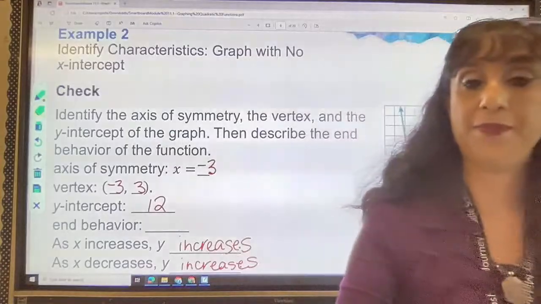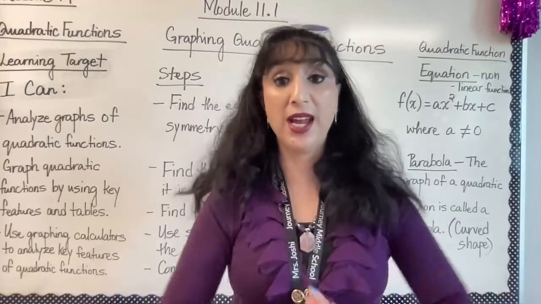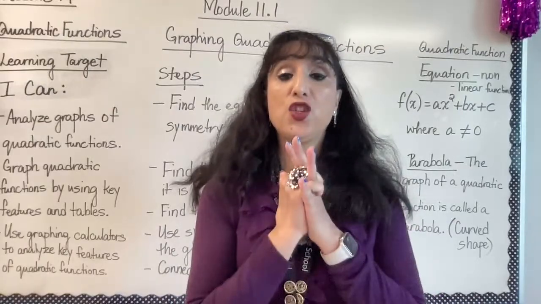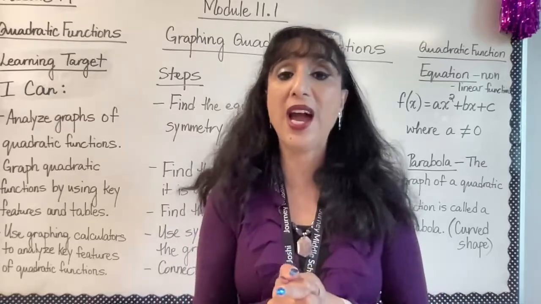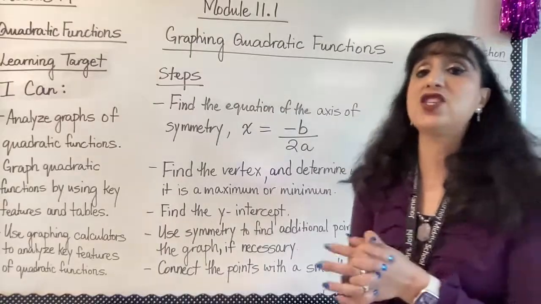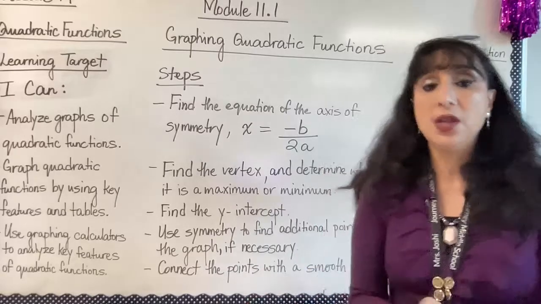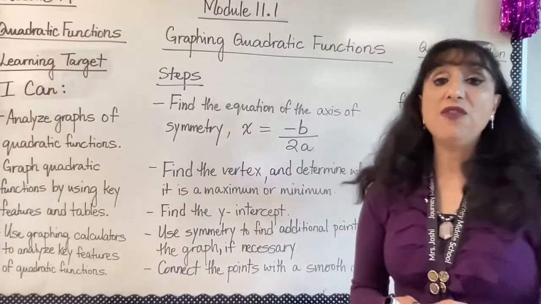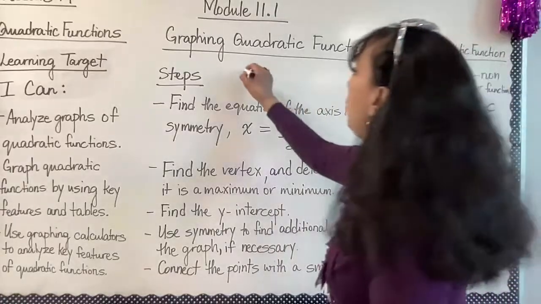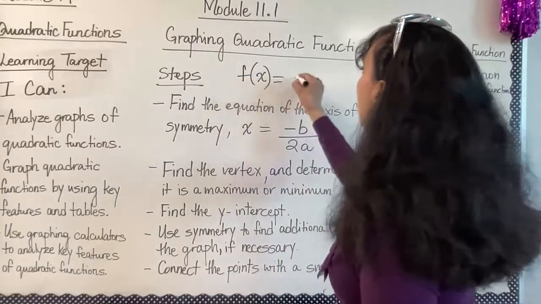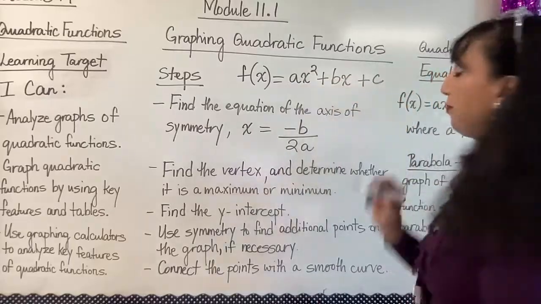All right, so now we are going to graph quadratic functions, and there are certain steps that I want you to remember. The first thing we need to do when graphing quadratic functions is to find the equation of the axis of symmetry, which is written as x equals the opposite of b over 2a. If you remember, the quadratic function form I told you was f of x equals ax squared plus bx plus c.